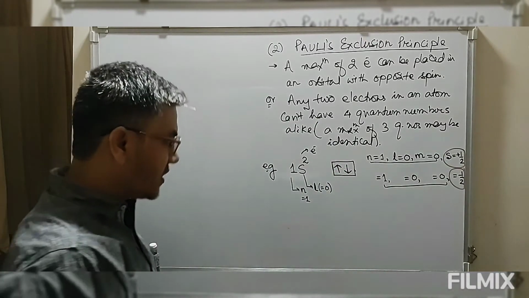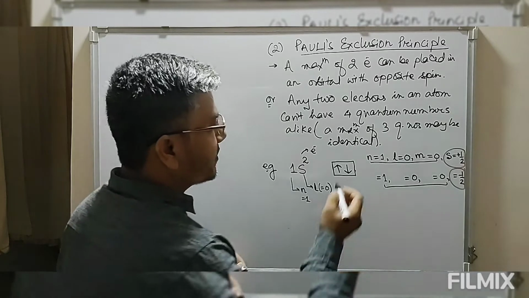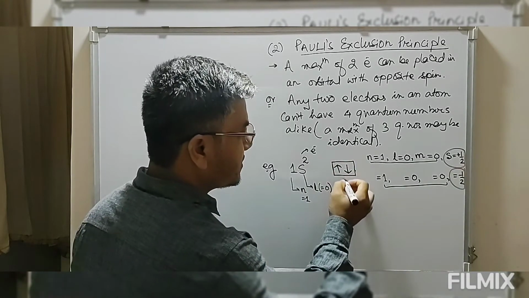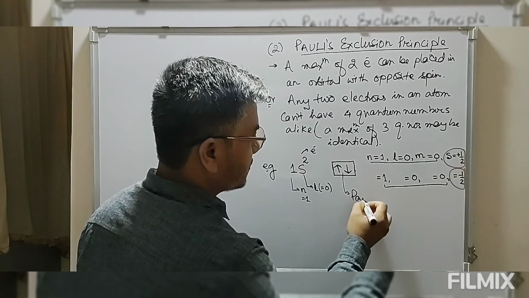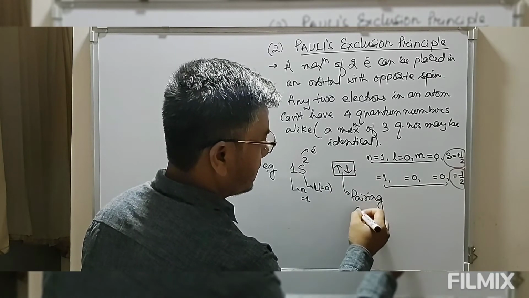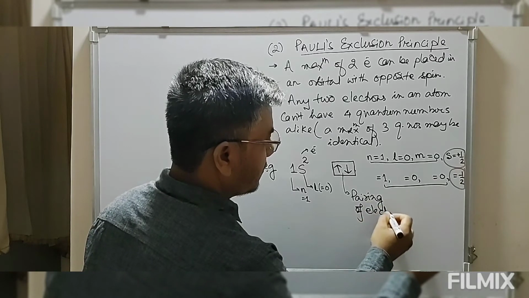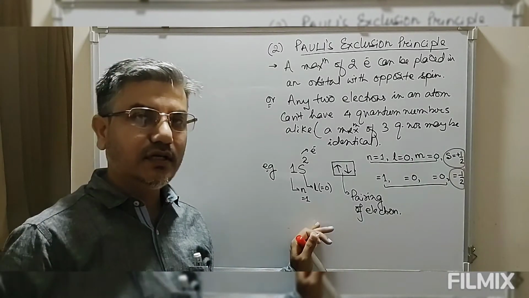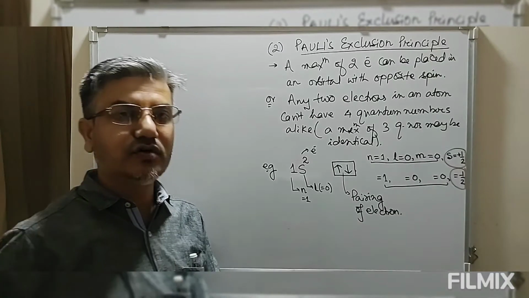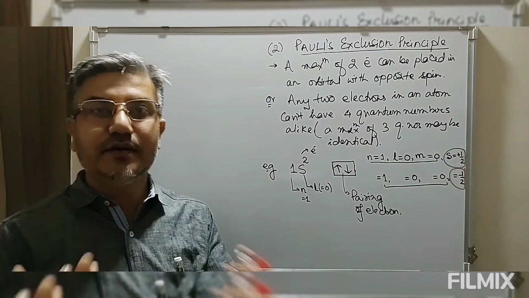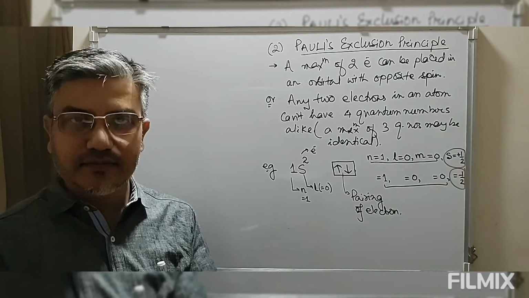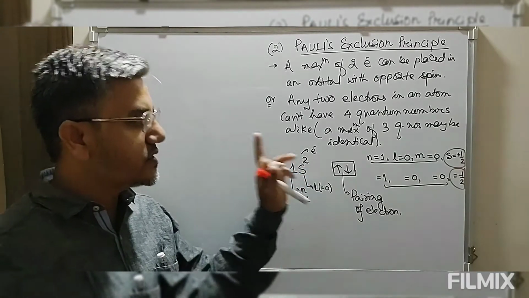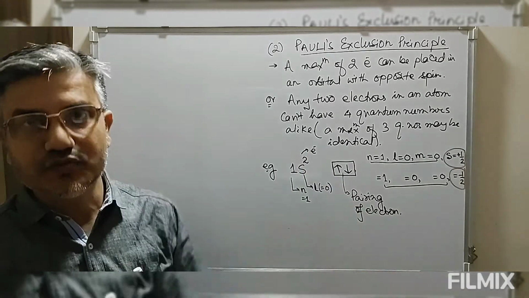So if 2 electrons are placed in this atomic orbital, one clockwise and the other anti-clockwise, we say this is pairing of electrons. So in an atomic orbital we have a pair of electrons. Now this pair of electrons should have the same principal quantum number, same azimuthal quantum number, same magnetic quantum number, but the spin should be different.